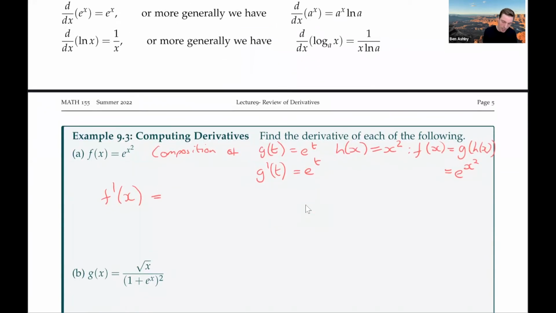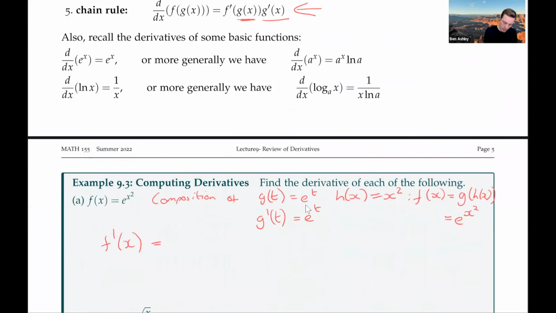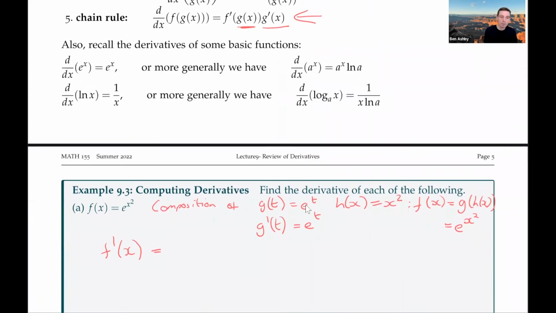So f prime of x is going to be equal to, I'll leave this here actually, just so we can see the chain rule as well. We're going to take our g prime of t, so that's just e to the t again, and then evaluate it when t is equal to the inner part, so that's h of x, which is x squared. So we're just going to have an e to the x squared here. Just to make sure that's clear, you take the derivative of your outer function, which in this case just happens to be exactly the same as what we had before.